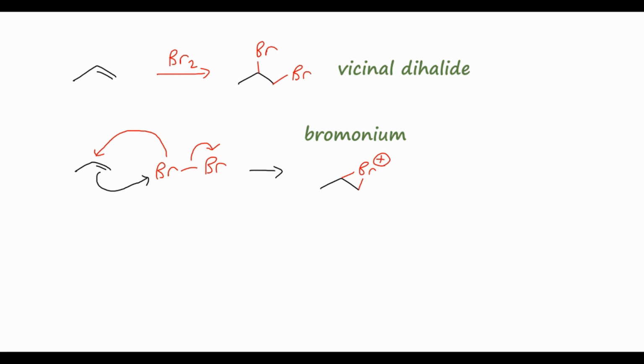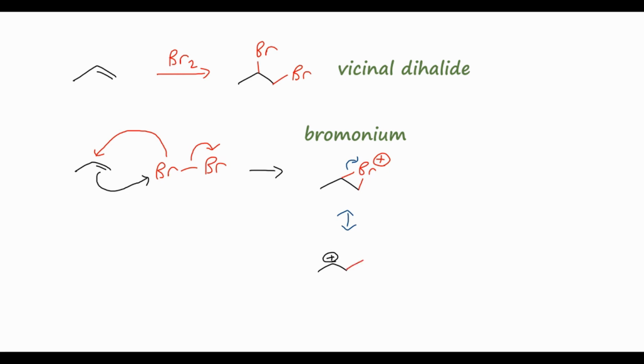So you might be asking, why are we forming this bromonium ion, this ring, instead of just forming a carbocation like we did in the previous reaction? Well, if we draw a resonance structure for this bromonium ion, we can see that we also have this contributor, where we no longer have that positive formal charge on the bromine, and rather we formed this secondary carbocation.